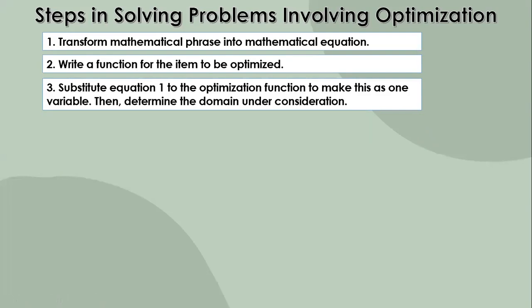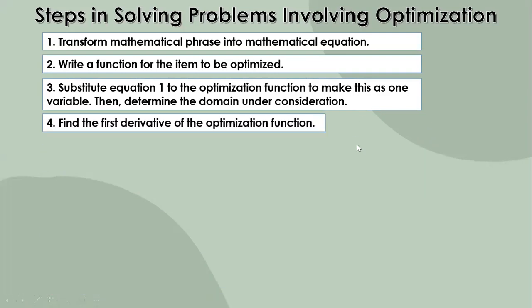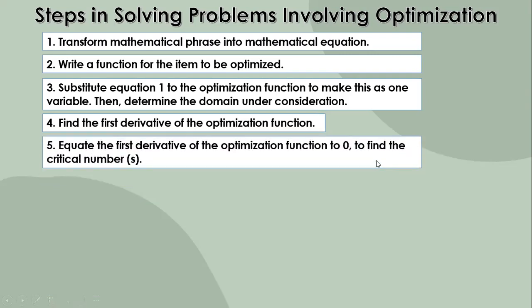Okay? And then determine the domain under consideration. Fourth, find the first derivative of the optimization function. Fifth, equate the first derivative of the optimization function to 0 to find the critical numbers.